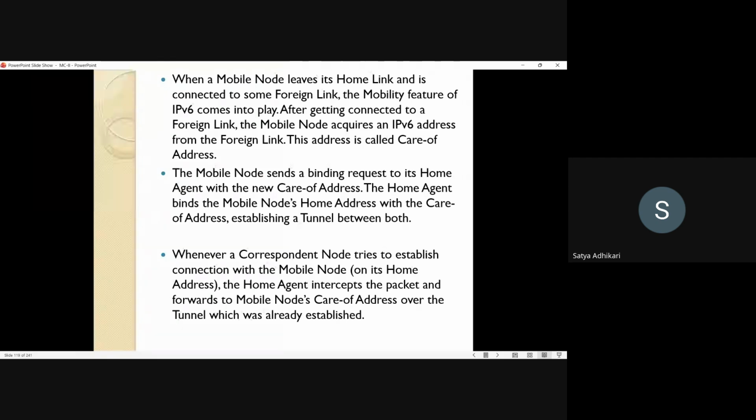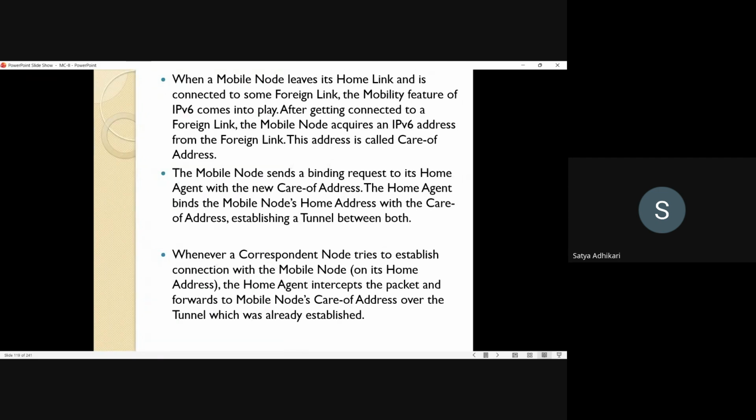The mobility feature of IPv6 comes into play. When it leaves the home network and enters a new network, a foreign network, the mobility features of IPv6 come into play. So it is called IPv6 mobility.